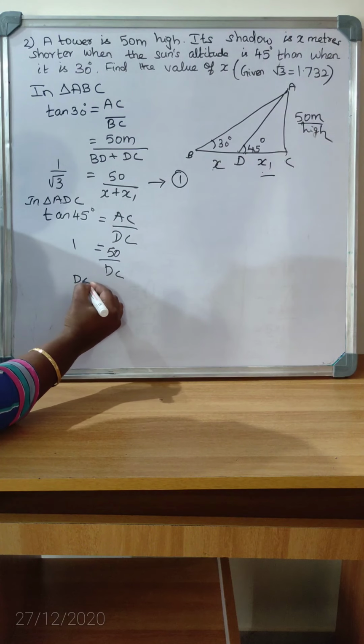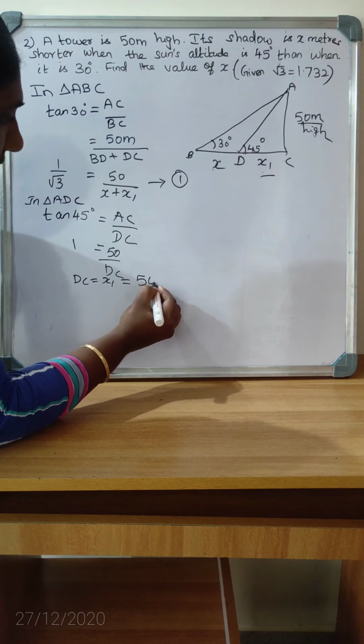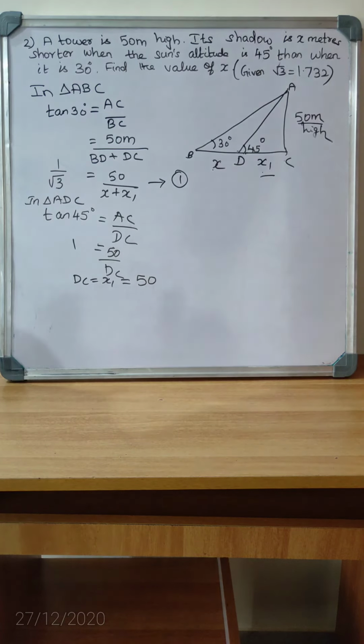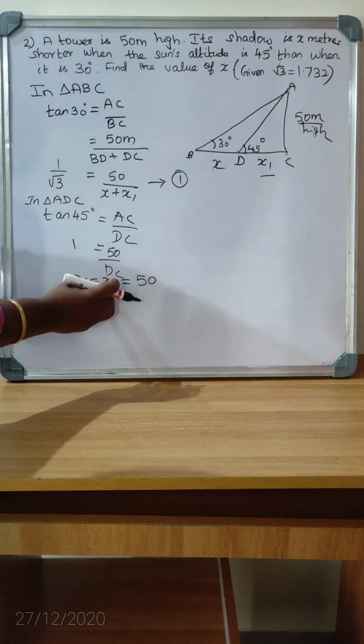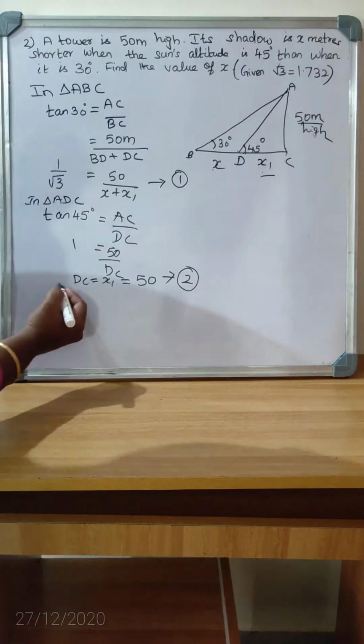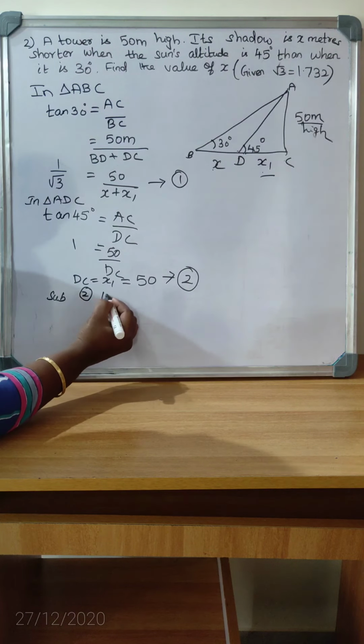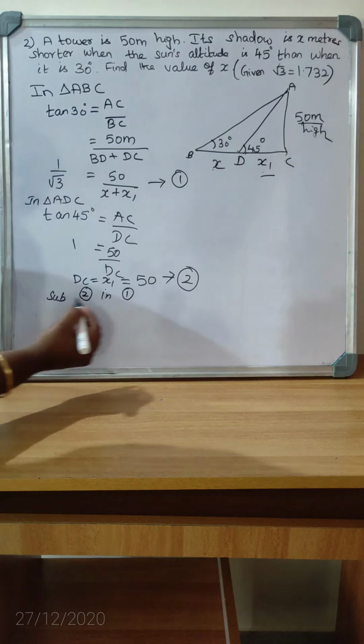So DC is nothing but x1 we have taken, that is equal to 50. So we are going to substitute the x1 value. Substitute equation 2 in equation 1.